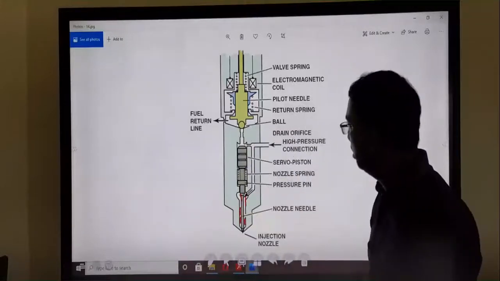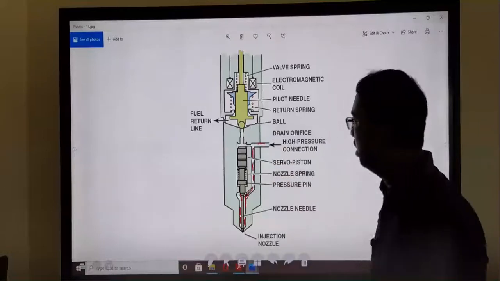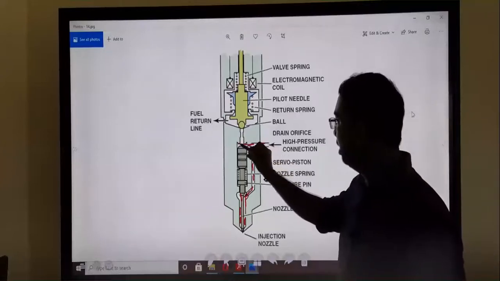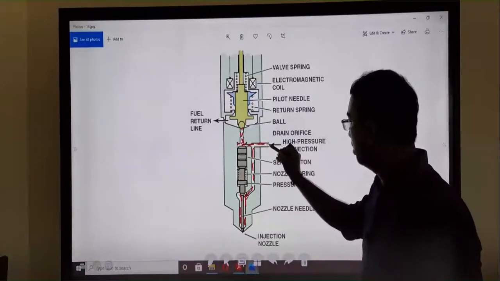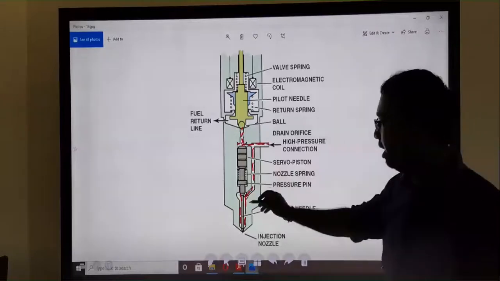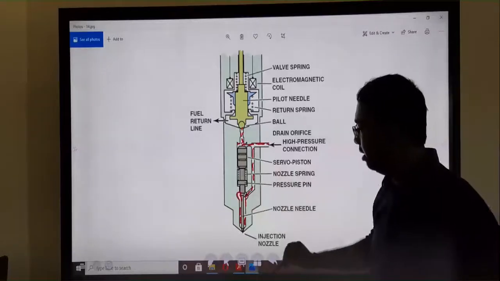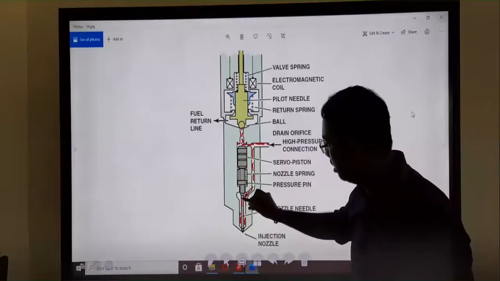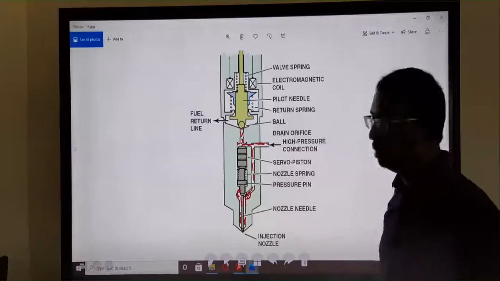Okay, this comes and fills these areas. Some amount of fuel also comes like this. There is a way. Okay, the fuel here also fills like this. After filling this area, there is a space here. Okay, here we can absorb a high pressure because of this.